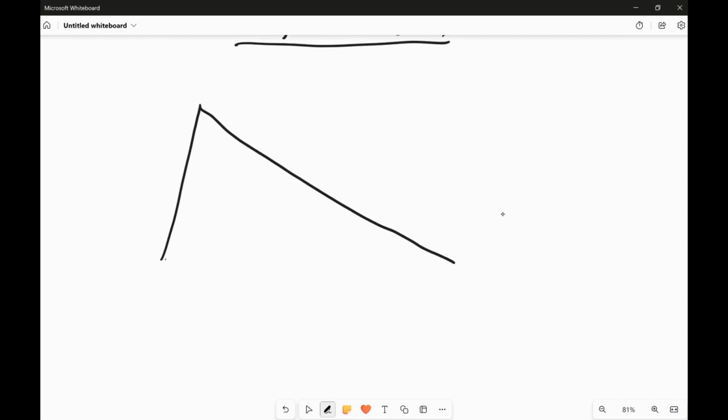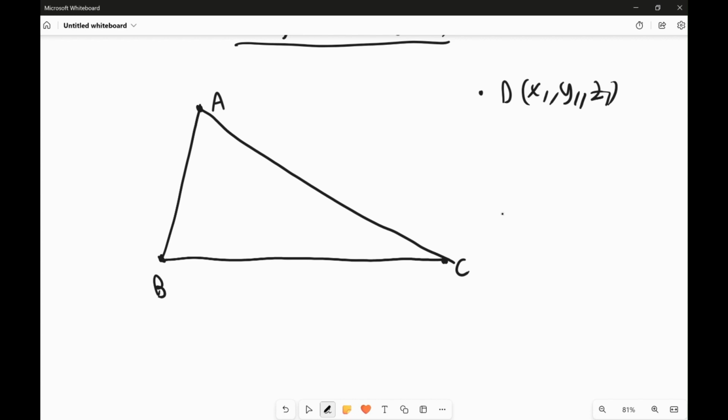Here's a second important fact you'll need to know. I'm going to state it without proof because the proof is kind of complicated for this video. You have ABC, and then you have a point D, which is (x1, y1, z1), and this is non-homogenized, which means that their sum is equal to 1. And this is E, which is (x2, y2, z2), and then we have F, which is (x3, y3, z3).